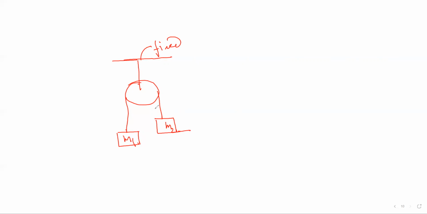Firstly, you have to understand how many strings there are. There is one string, and for your kind information, in a given string, tension remains the same, provided your pulley is ideal. Here the pulley is ideal, and ideal pulley means the mass of the pulley is 0 as compared to the block, and this is also an ideal string.